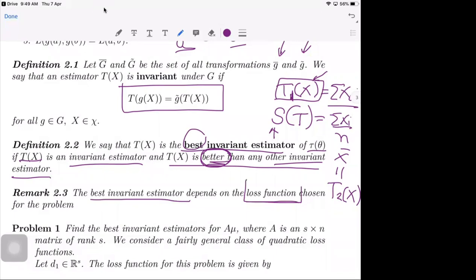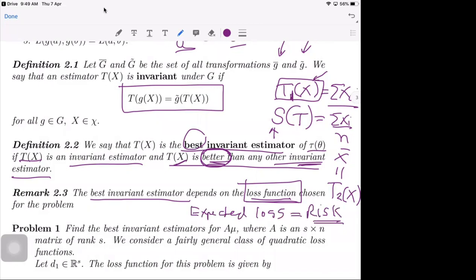So we choose a loss function, we compute the loss function of this T of X and any other competitor invariant estimator. The one which will give a smaller expected loss, by the way, on the average, no? The expected loss is actually equal to a risk, the risk that we incur when we use the estimator.